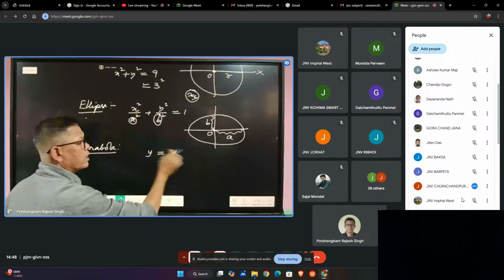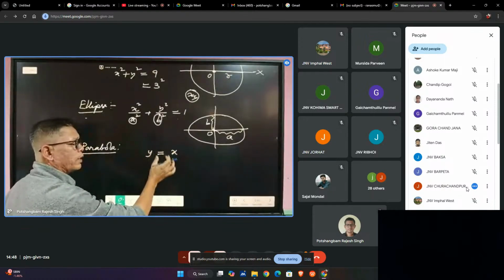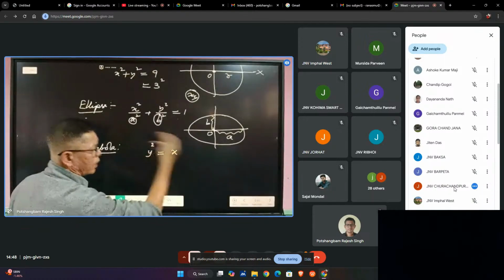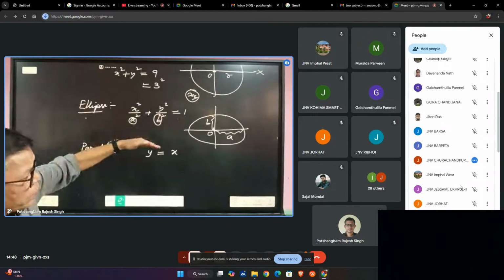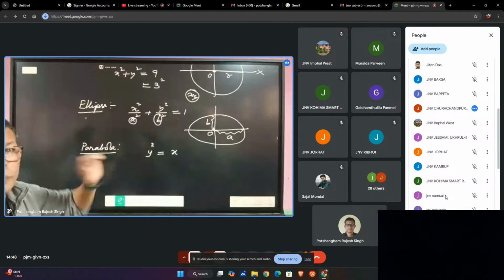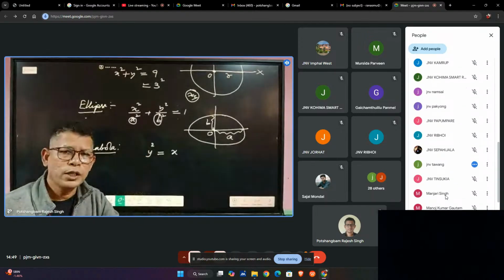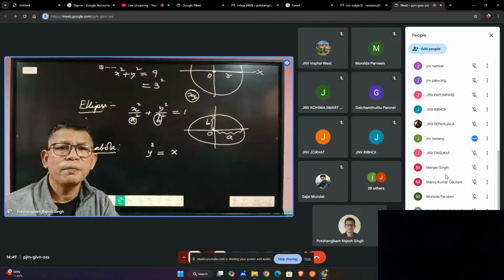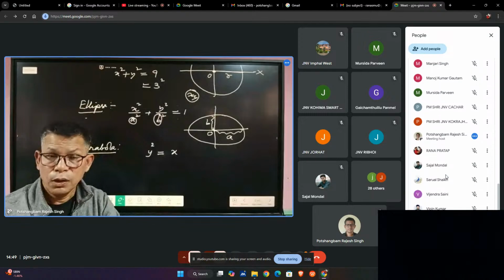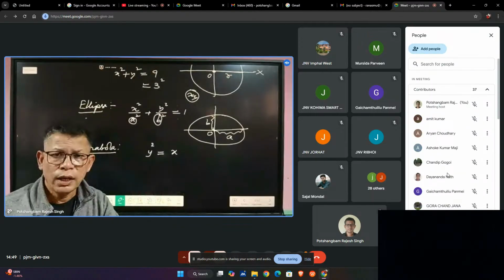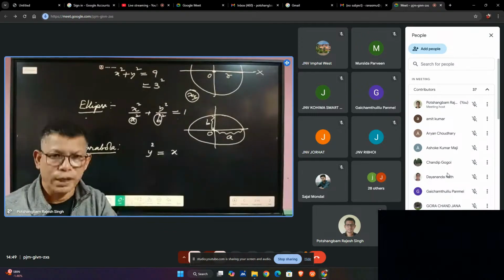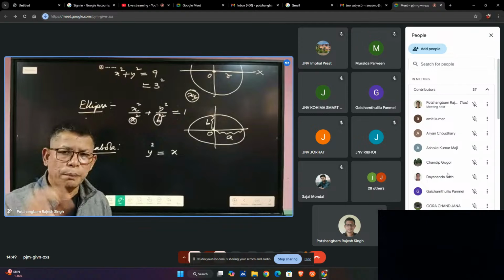So once again, an equation in which two variables are present, where one variable is in degree 2 and the other is in degree 1, represents a parabola. In this also, a variable product like xy should not be present.